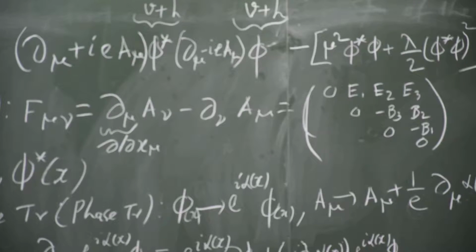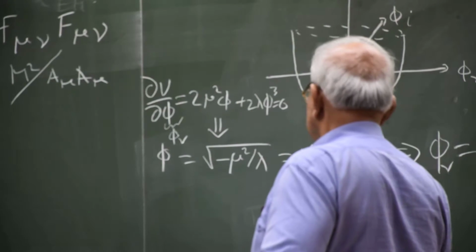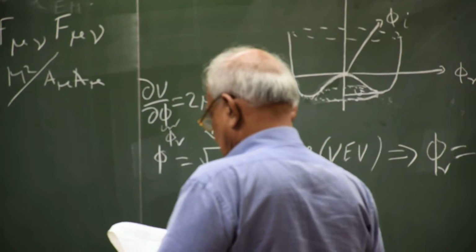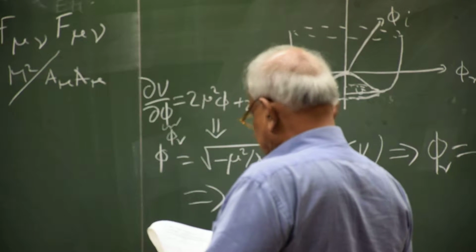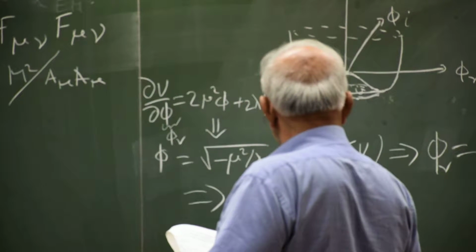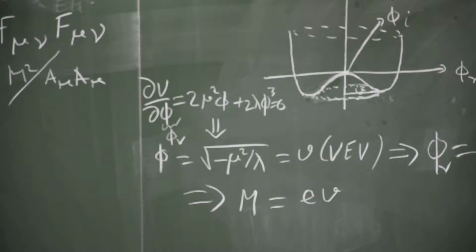So your gauge field has a mass equal to eV. Clear?